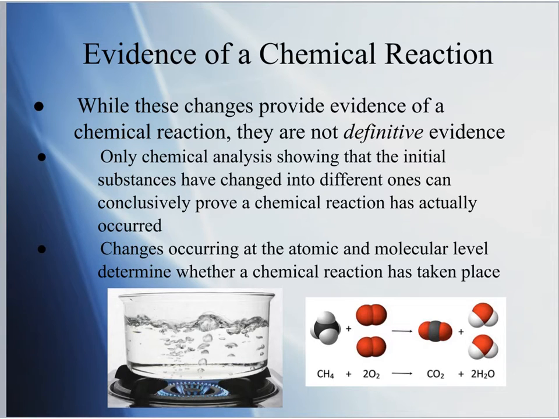For example, we've got here water boiling and bubbles are being made. But this is not a chemical reaction. This is a physical change of state, going from a liquid to a gas at the boiling point or evaporation point. And that is a phase change, which is physical. It's still water as a liquid and still water as a gas.